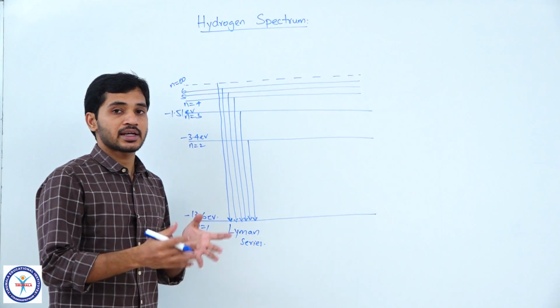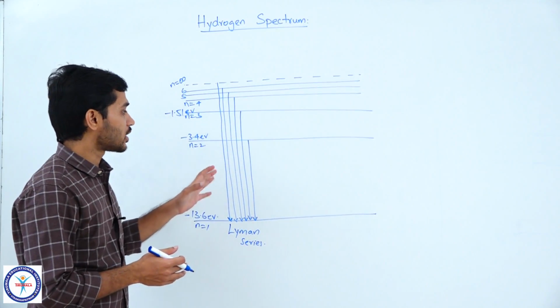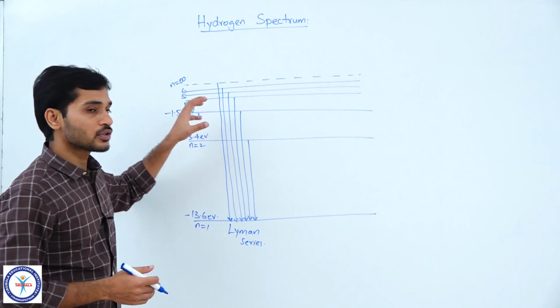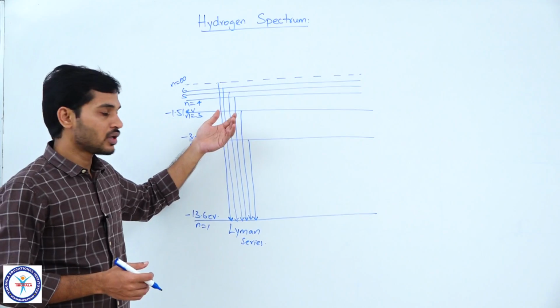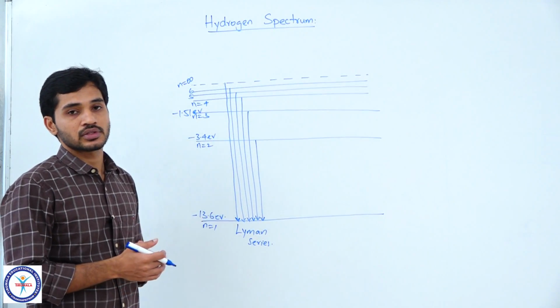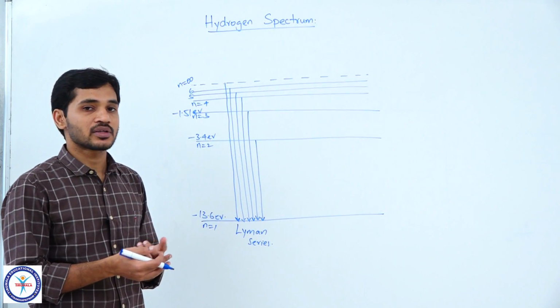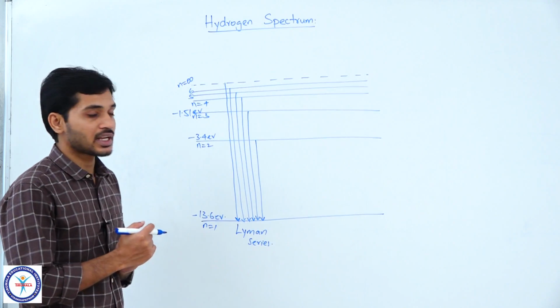So this is in a hydrogen atom. Whatever I am telling now is for a hydrogen atom. So the collection of all the wavelengths of light emitted in the transition from a higher energy level to the lower energy level of n is equal to 1 is what we call the Lyman series.